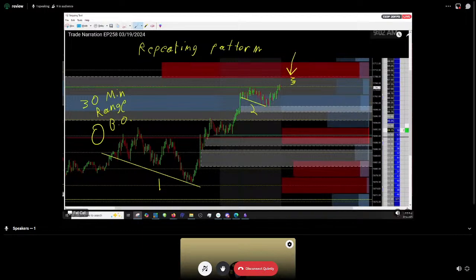Reclaim. So I want to know, are they going to finish taking that reclaim? So now when I look at my charts, I'm like, okay, I know what all this means.